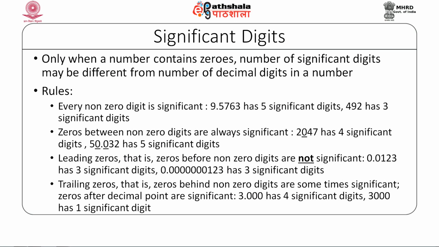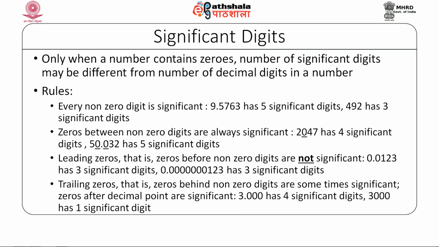Any 0 occurring between non-zero digits is significant. For example, 2047, all the digits occurring in this number are significant. Similarly, 50.032, both the zeros occur between non-zero digits, so they are significant.